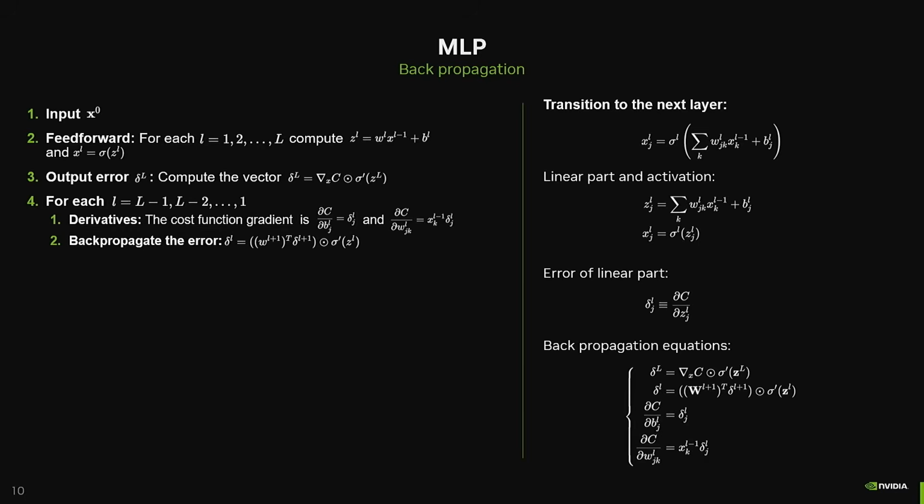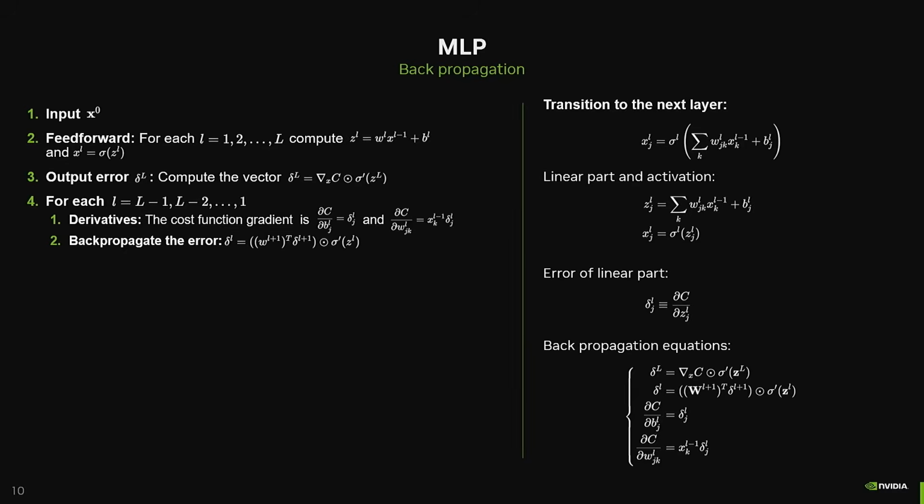In the backpropagation algorithm, we should separate the transition into two parts. The first is the linear part, and the second one is the activation function. So we define delta as a partial derivative of the loss function by that linear part vector components.